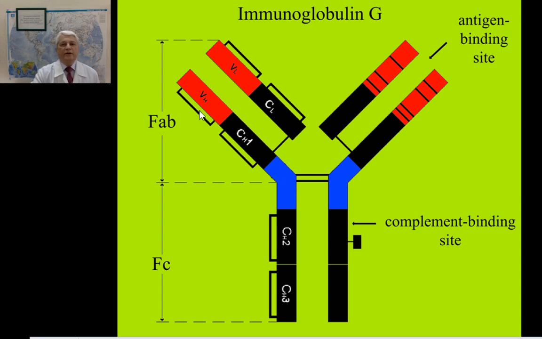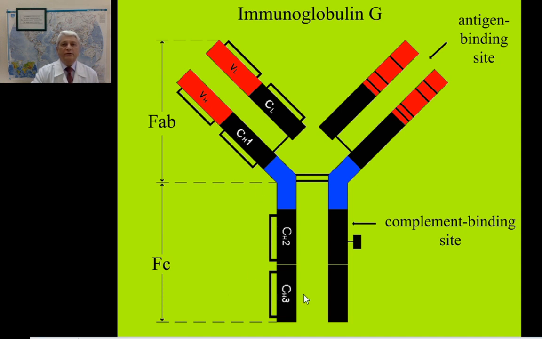So we have in the whole molecule of immunoglobulin 12 domains.